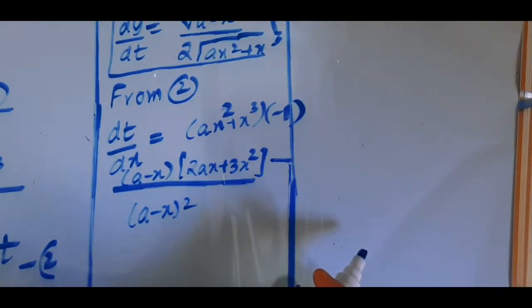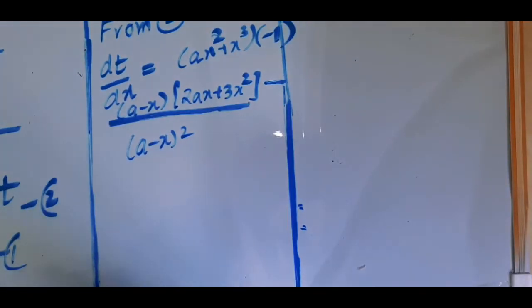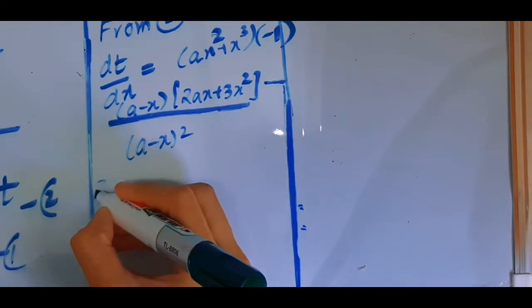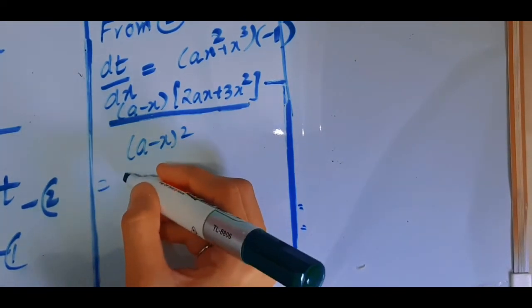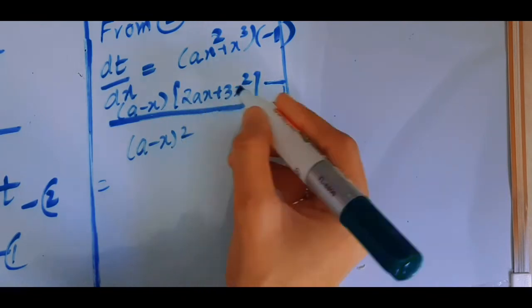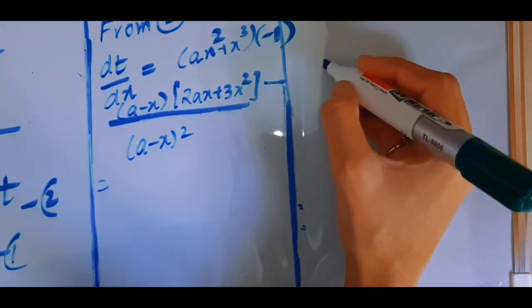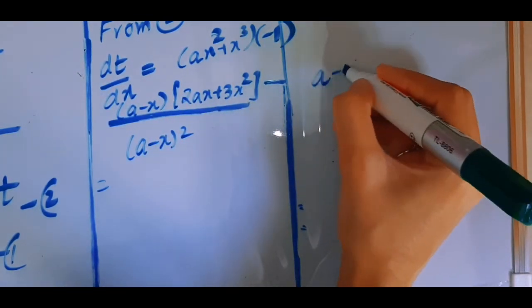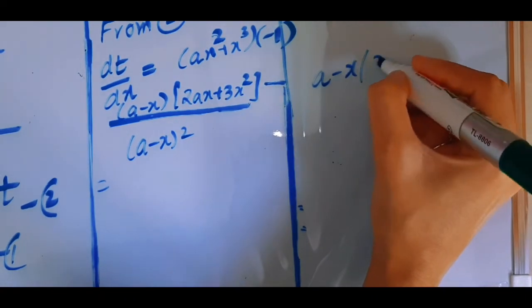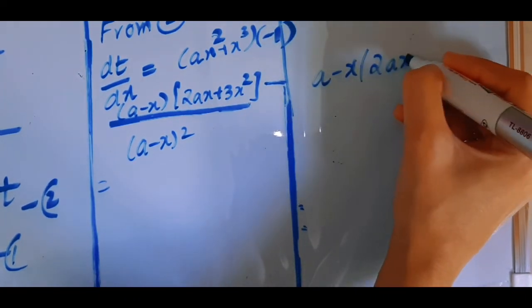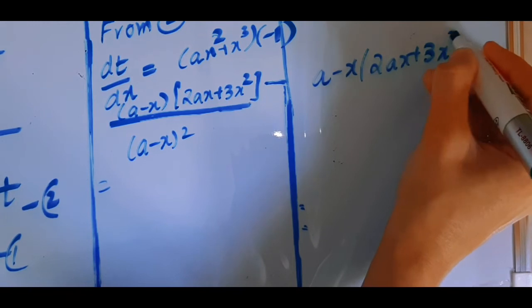Now just simplifying it, we have to multiply both terms, so it will be like this: a minus x into 2ax plus 3x square.